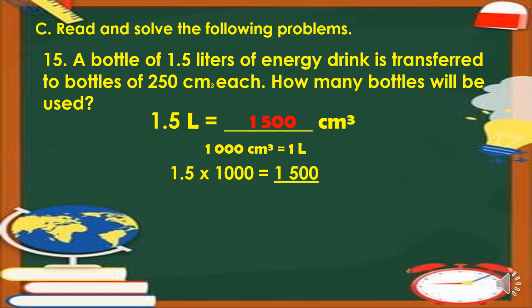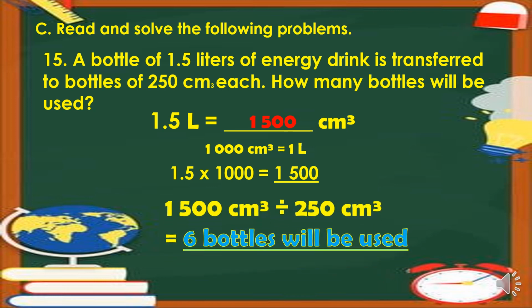So, ngayon na nakuha na natin yung 1.5 liters, makukuha na natin ngayon kung ilang bottle ang maaaring gamitin na 250 cubic centimeter. So that means 1,500 cubic centimeter, divide natin sa 250 cubic centimeter na size ng bottle. So when you divide, the answer will be 6 bottles will be used.